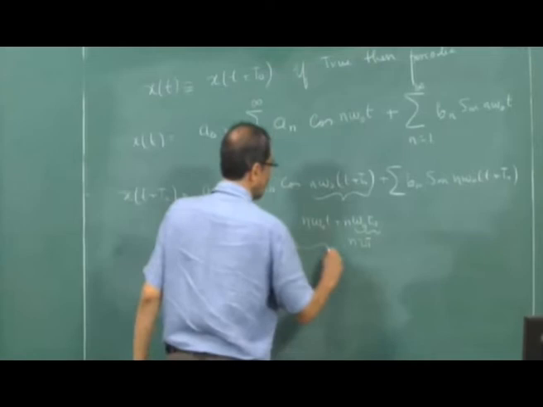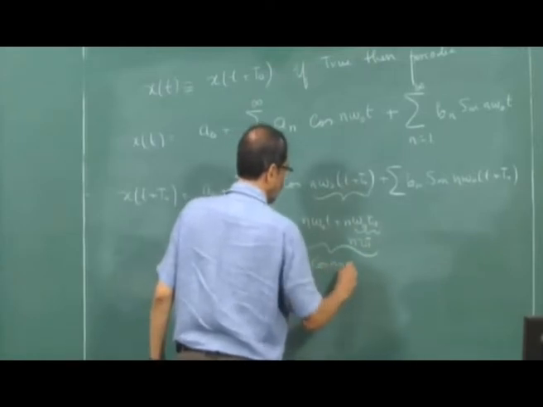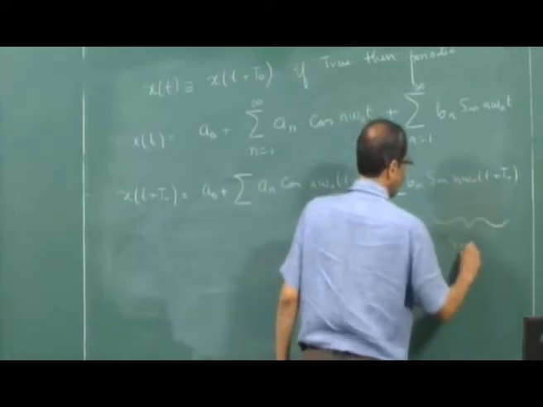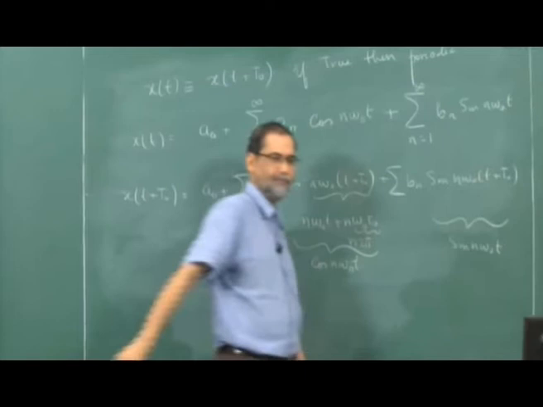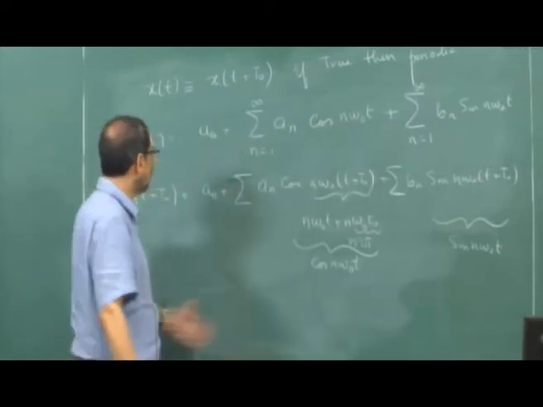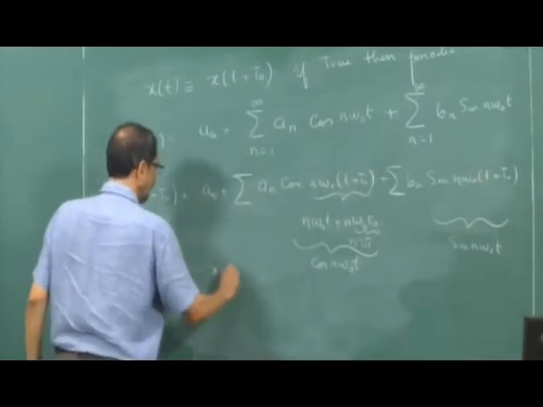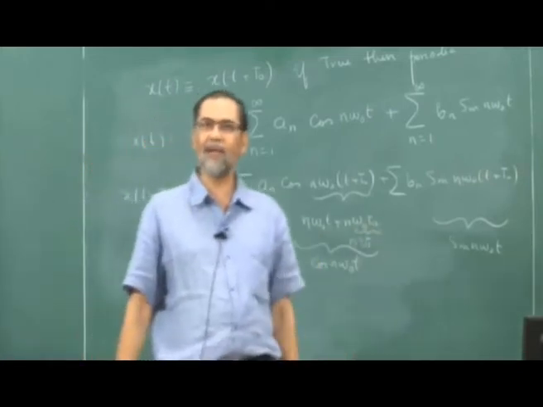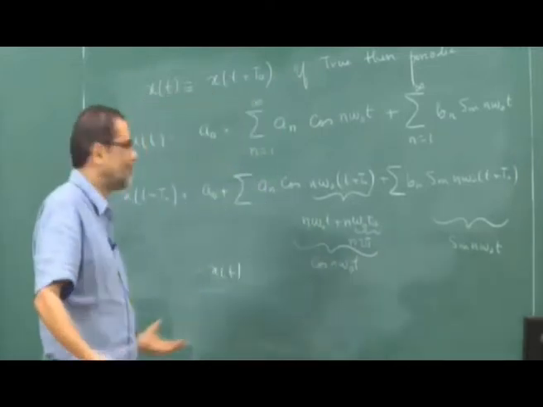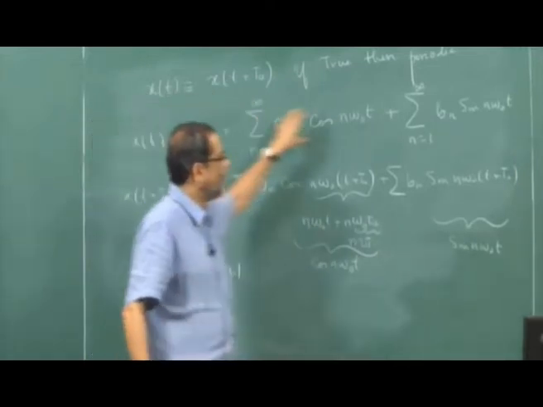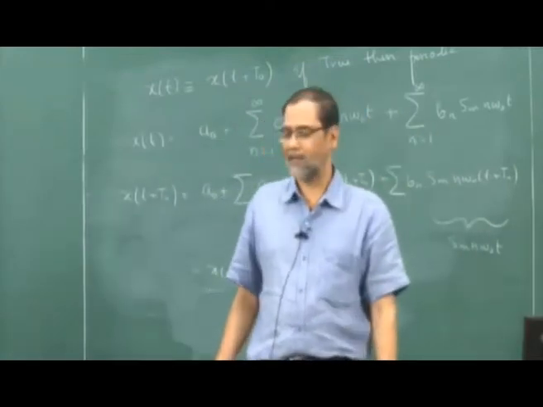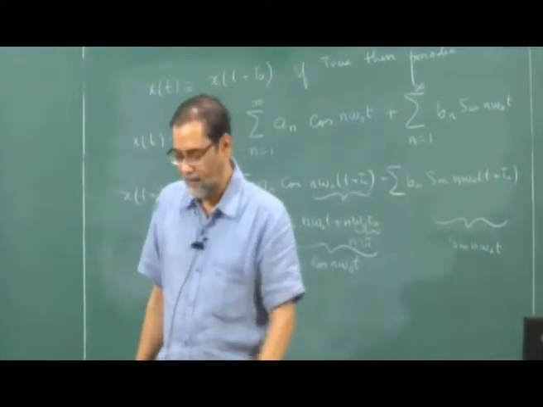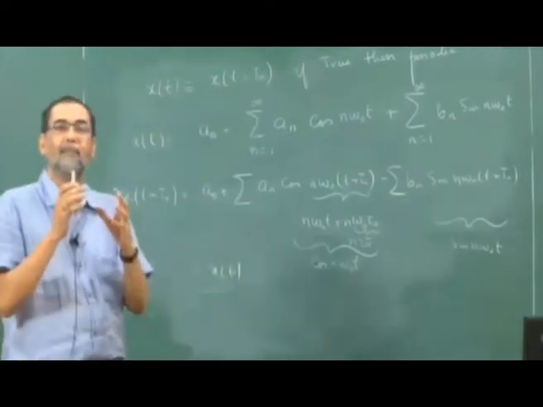So that means this whole thing is cosine n omega naught t. For the same reason, this will be sine n omega naught t. So this is equal to x of t. So x of a version delayed by t naught, one period, I get back x of t. So the trigonometric expression that Fourier wrote at least satisfies the basic requirement of a periodic signal.